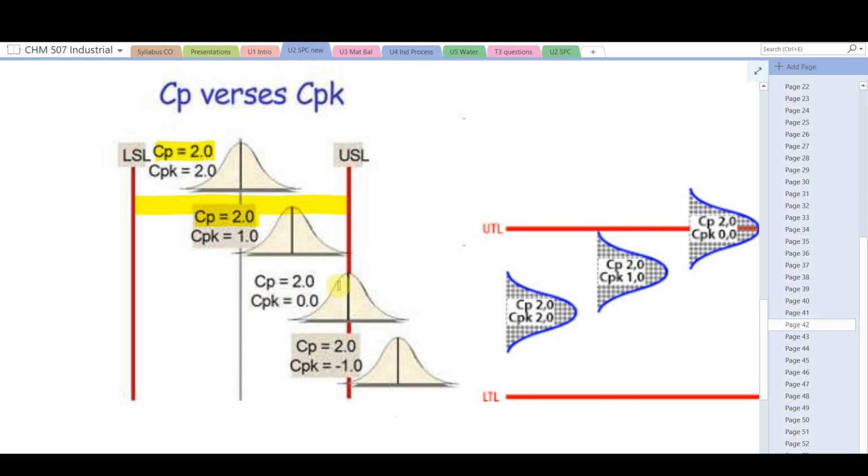In this case down here, again, the tolerance hasn't changed, nor has the process spread, but certainly we're going to produce about half of our product off spec on the high side, not much on the low side. You can see that as the process mean changes, Cp really doesn't give us a complete picture of the process capability. So we need some other indicators.